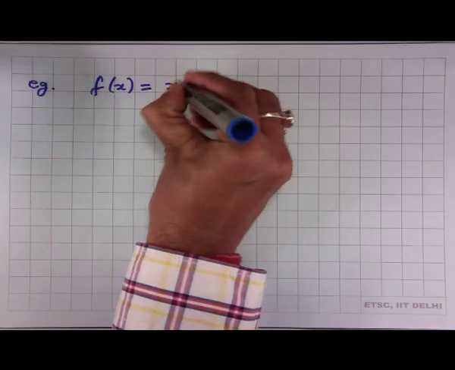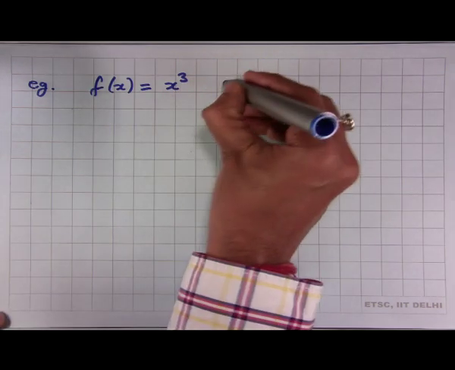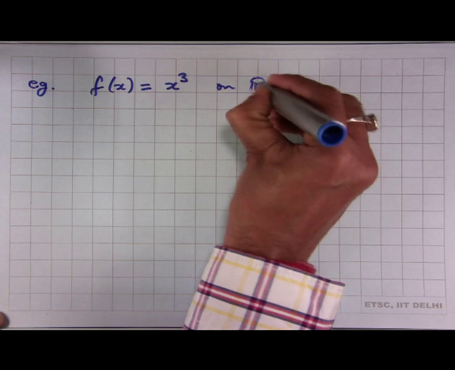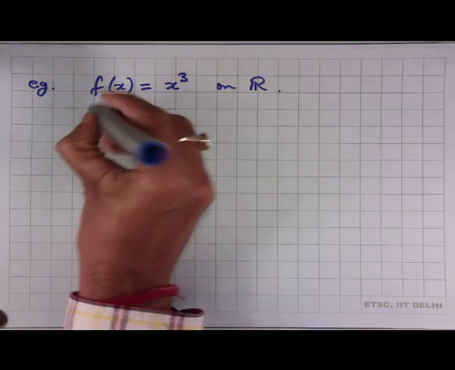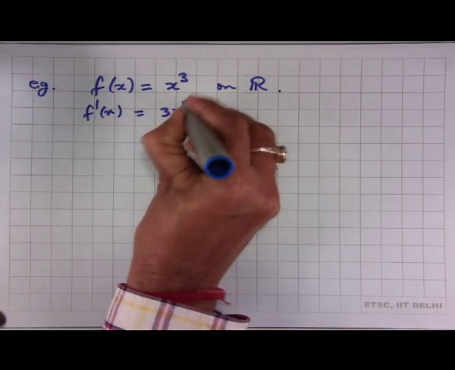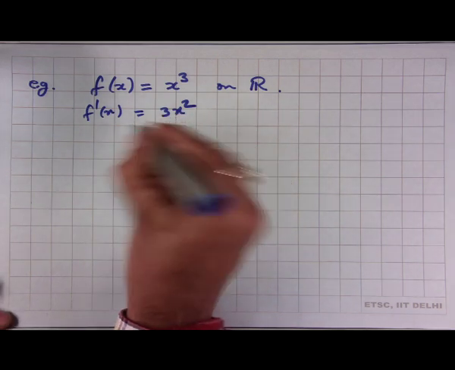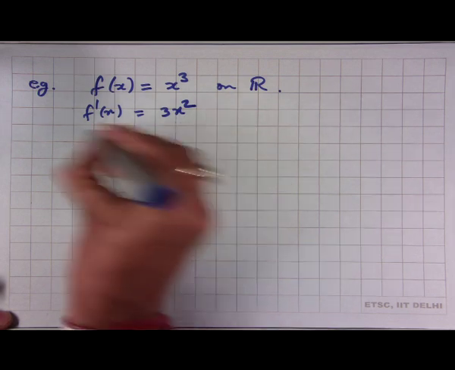Let us look at an example. Suppose we consider f x equal to x cubed on R. So, if we look at f prime x, it is equal to 3 x square.